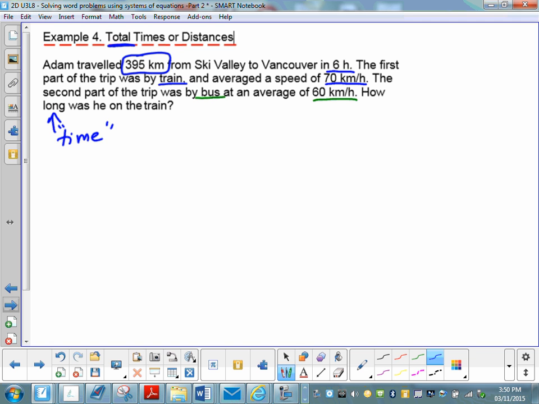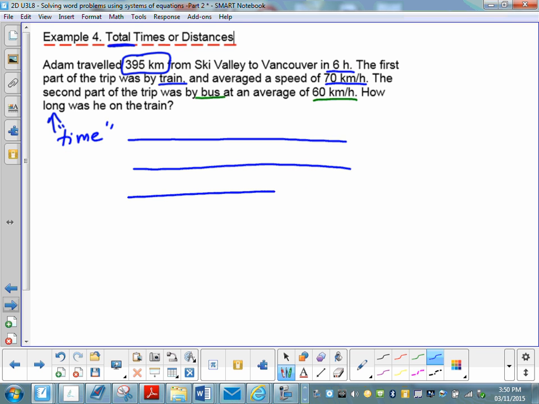So we're going to set up our table. This time, we're taking a look at time on the train and time on the bus.